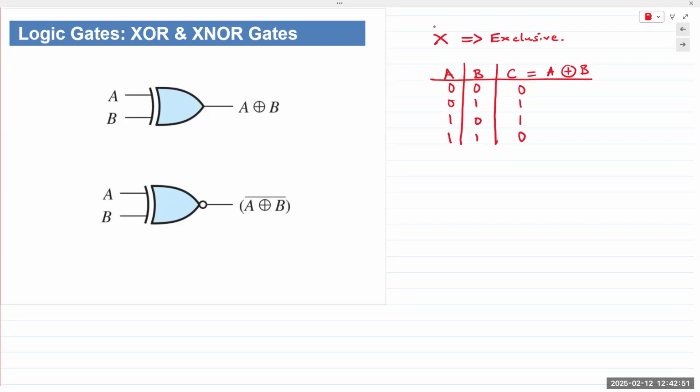An exclusive NOR is simply the opposite of an XOR, or exclusive OR gate. So this is XOR, this is XNOR. And as I stated, this would simply be inverted.